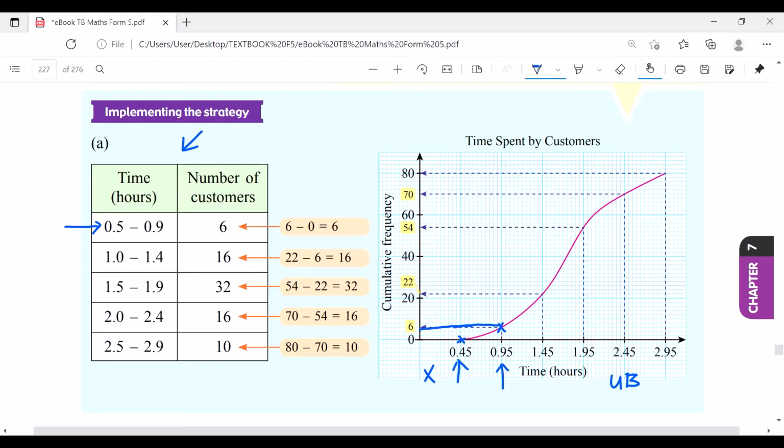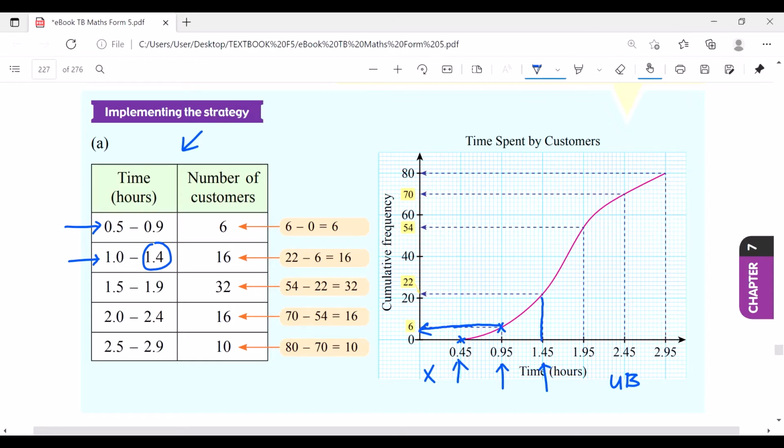Just find the cumulative frequency, 6. And then for this one, 1.45 is the second class. You can see here the upper limit is 1.4, and the upper boundary is 1.45.